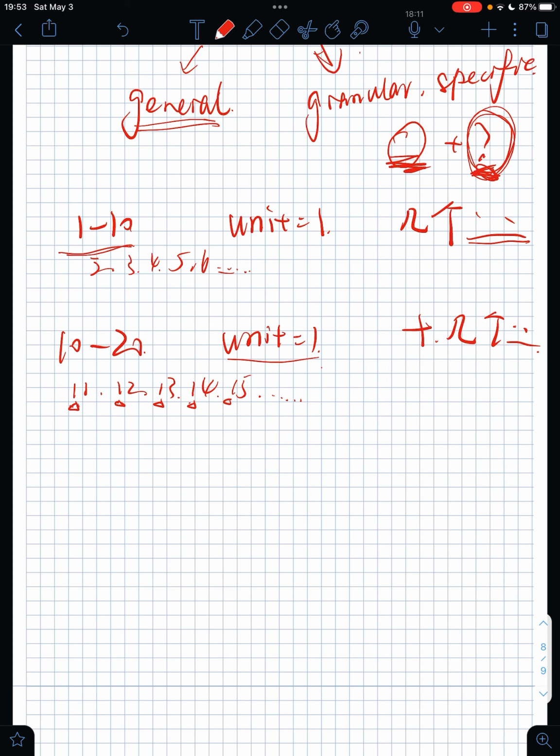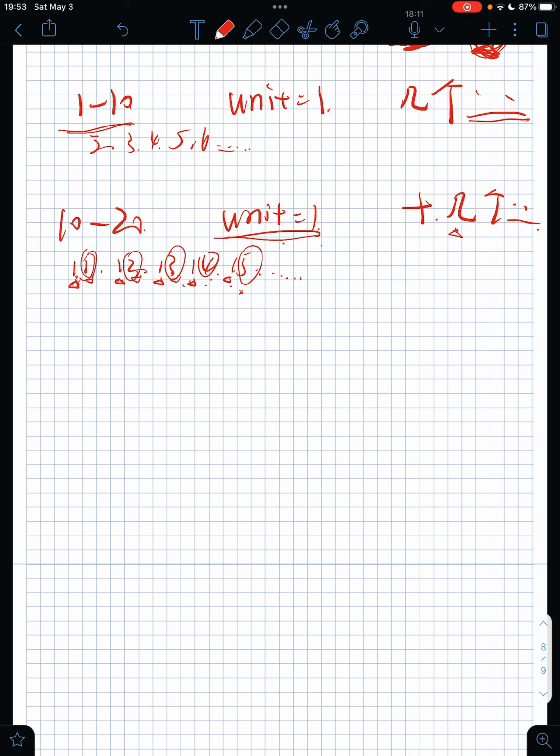It's already ascertained. So 10, and plus 1, plus 2, plus 3. Only this part I'm really not sure what that is. So I perform the approximation on this digit, on the digit of ones. That's what I mean by the unit of 1.